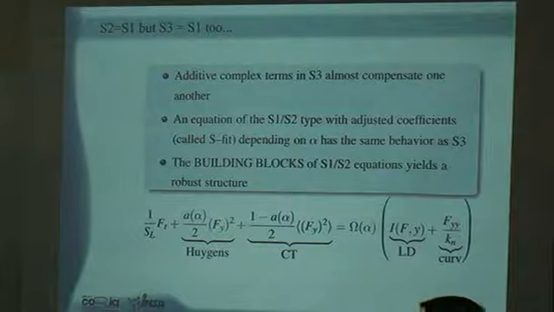I would like to finish. There's a story. What is the story? We tried first order, the Sivashinsky equation. Second order, Clavin and Sivashinsky, gives again the Sivashinsky equation. Third order, it's not the Sivashinsky equation, but if you change one parameter, you can fit the result of S3 by a Sivashinsky equation.